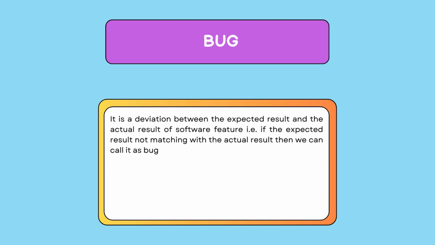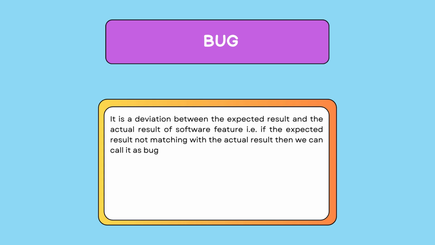Suppose you have a feature where you have one text field and one send button. Only this much you have. And suppose my expected result is that when I type a message in that text box and click on the send button, the message should send. If this feature is working as per my expectation, then it's fine. But if this feature is not working as per my expectation, then it's a bug.